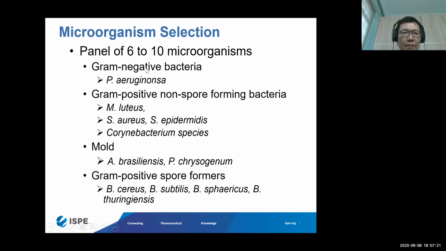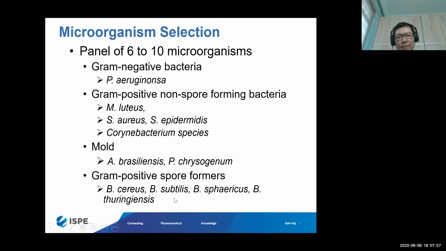These are typically the broad spectrum microorganisms that you will need to include, a panel of 6 to 10 microorganisms: gram-negative bacteria, Pseudomonas; gram-positive, non-spore forming cocci, Staphylococcus, Corynebacterium species; mold as well, Aspergillus brasiliensis, which is the most challenging mold; Penicillium as well; and the gram-positive spore formers, like Bacillus cereus, Bacillus subtilis, sphaericus.